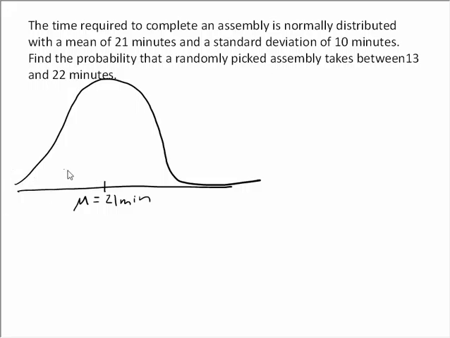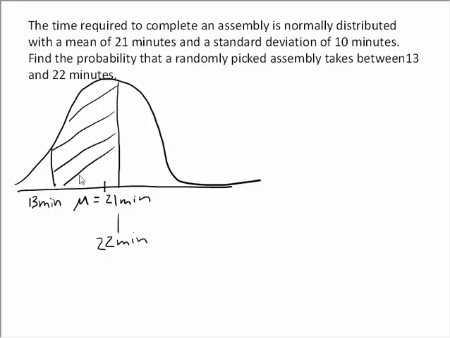Let's put 13 and 22 minutes on this graph. If that's 21, 22 must be somewhere like that. We'll call that point 22 minutes. And over here, we'll call this point 13 minutes. And we want the probability or the area that's between those 2 points.